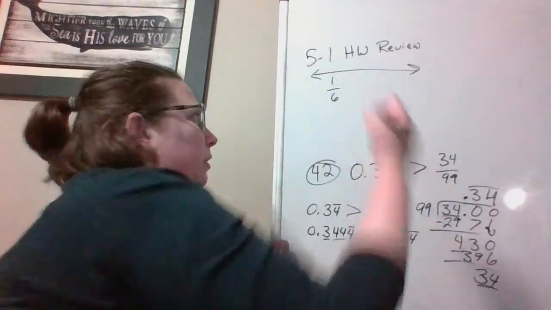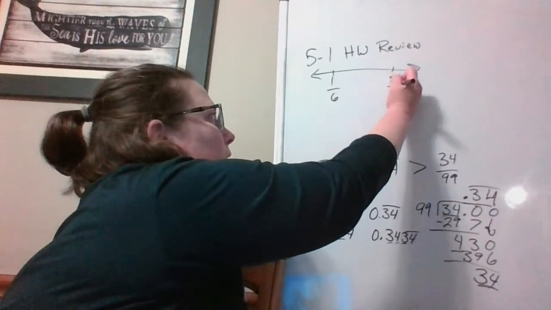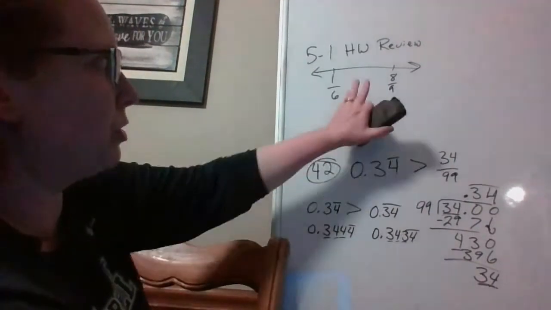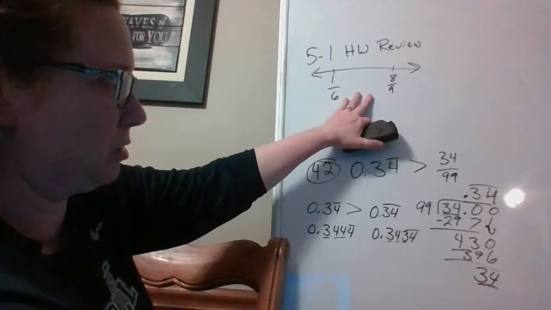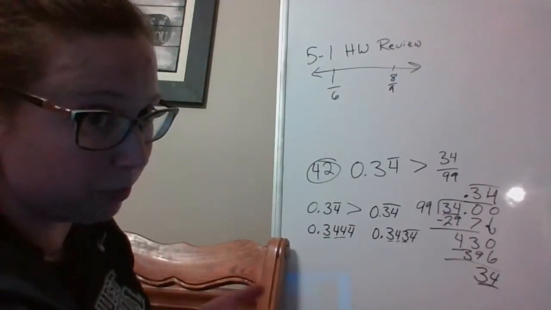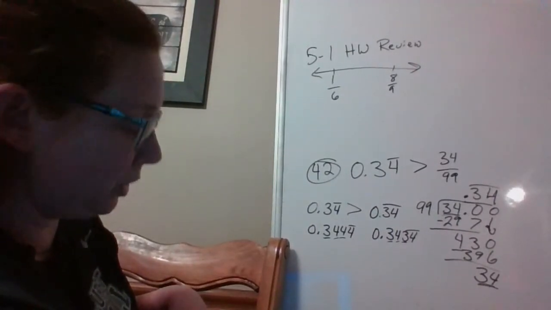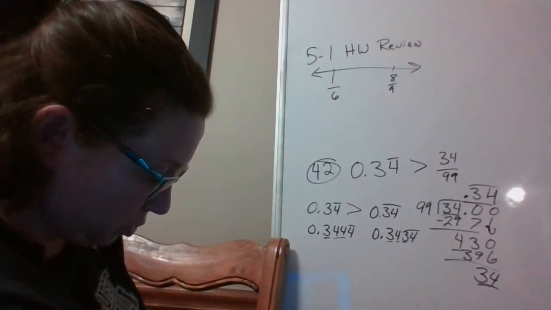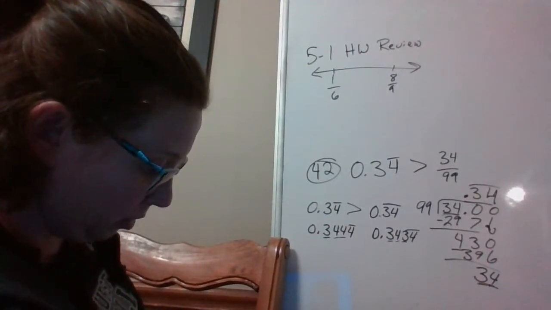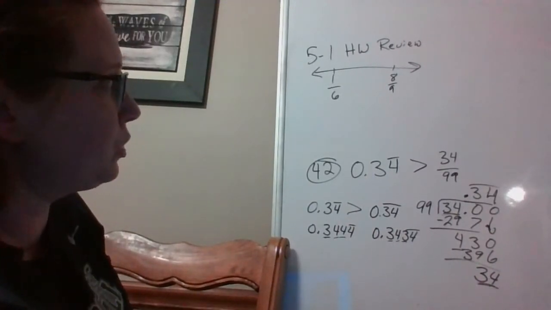On a number line, between two numbers, so between 1/6 and 8/9, there's actually an infinite number of numbers between those two fractions. We could each come up with a different fraction then. That would be a good answer here. Let's find a terminating and a repeating decimal between. So we're supposed to find one of each.